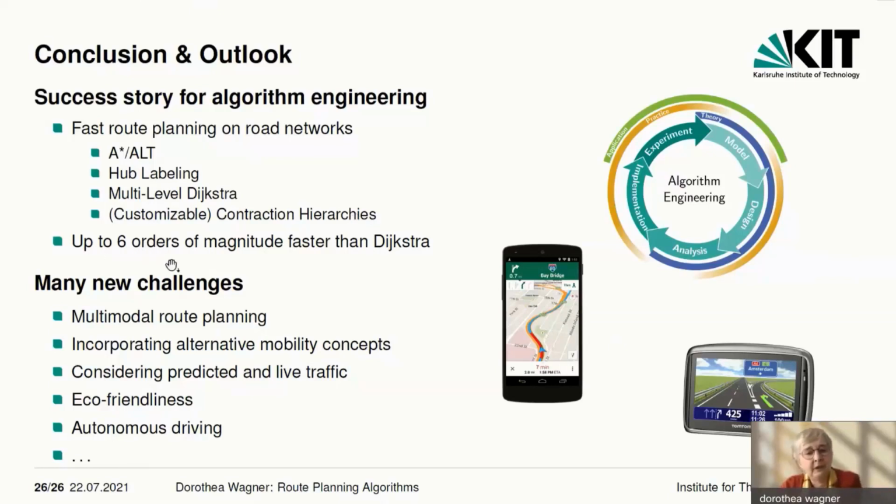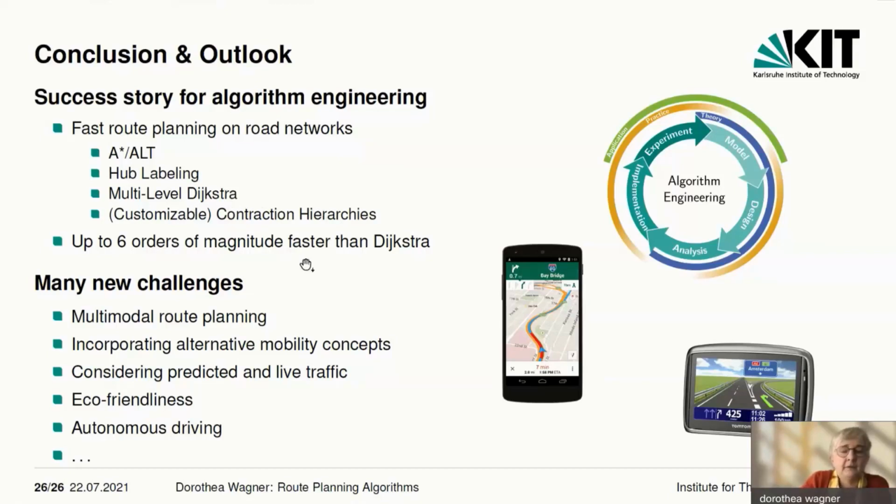But those techniques that are 6 orders of magnitude faster than Dijkstra are not practical for other reasons, because of the space consumption, because of preprocessing time. But the practical methods like multi-level Dijkstra and customizable contraction hierarchies, they yield speedups of 3 to 4 orders of magnitude in comparison to Dijkstra's algorithm, with space consumption and preprocessing times that are practical.